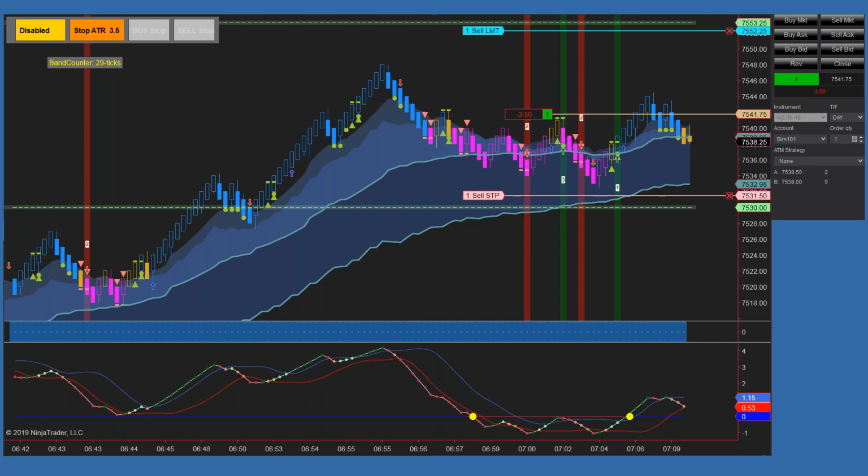Right now, my stops are still in their safety net position. And it looks like they're going to lead to a bigger pullback.